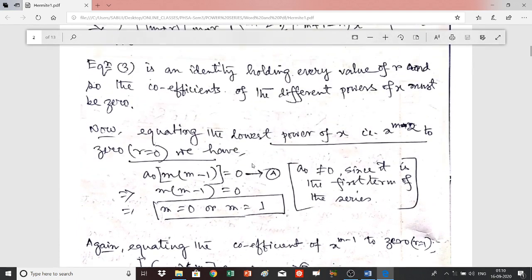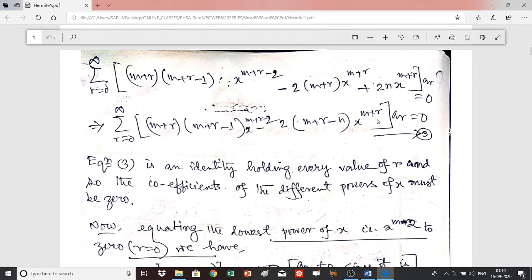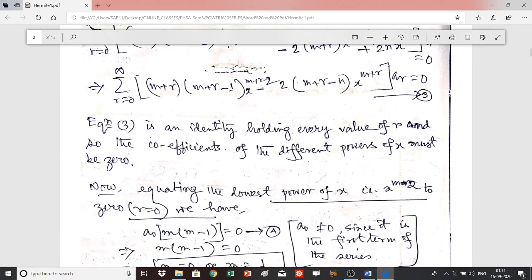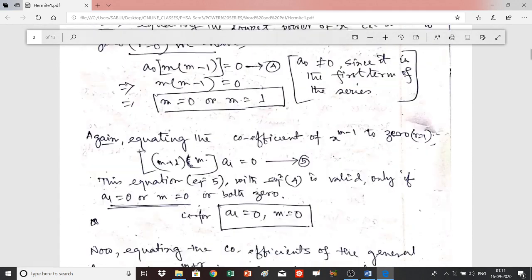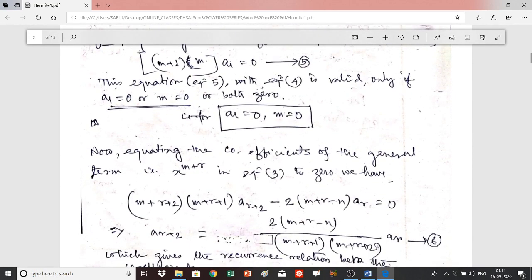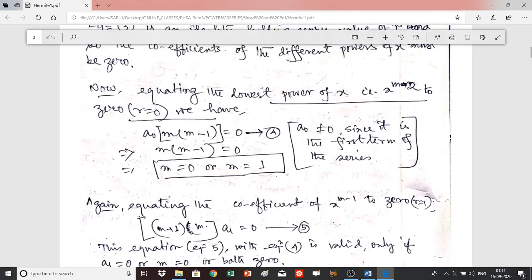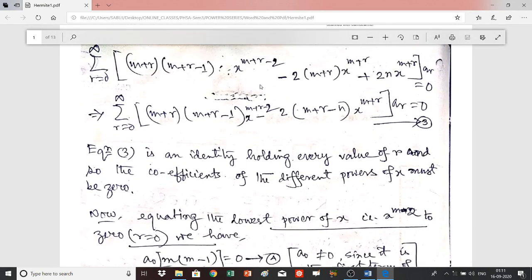Now equating the coefficients of the general term x to the power m plus r. To compare the coefficients of the general term x to the power m plus r from both sides, for the first term you have to replace r by r plus 2.